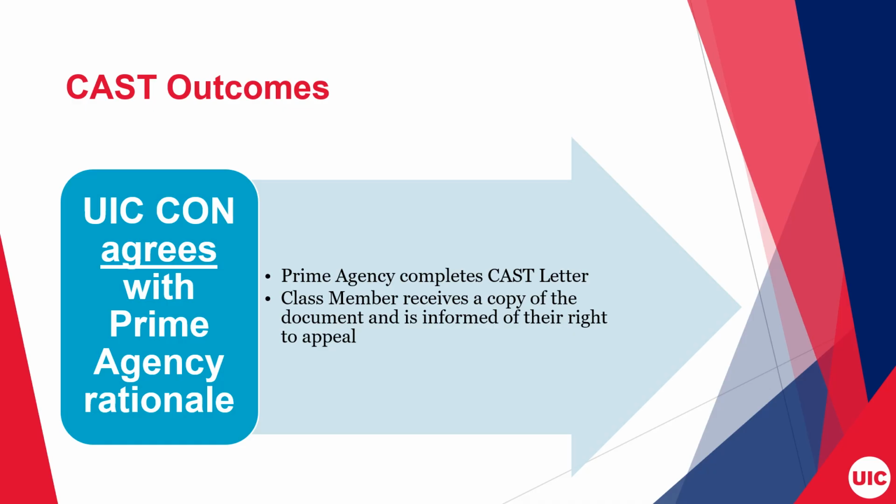A signed copy of the CAST letter should be uploaded to the web app member files within 7 days. UIC-Con will follow up on all approved CAST cases to ensure that the CAST letter is uploaded. UIC-Con will close CAST-approved cases in the web app.